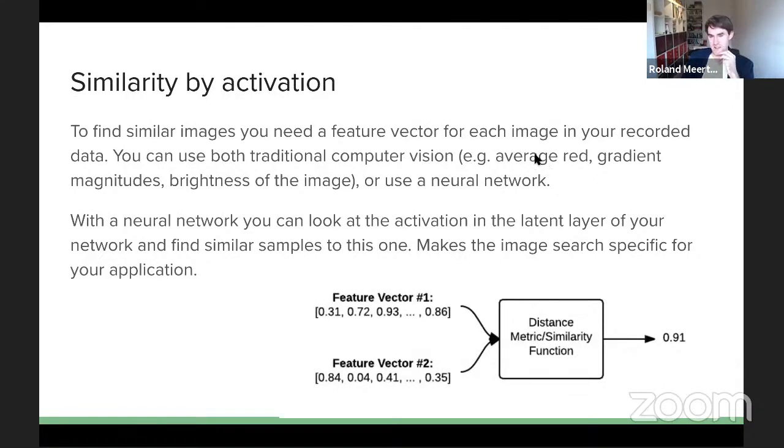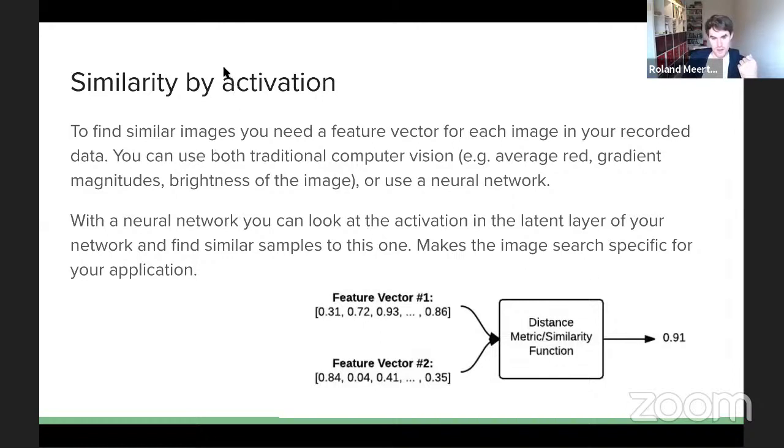Here, I already said you can have maybe your average brightness, your average red, maybe gradient magnitudes. And for your latent layer, you can maybe take your last layer before your final decision layer, or something even deeper, whatever you want.